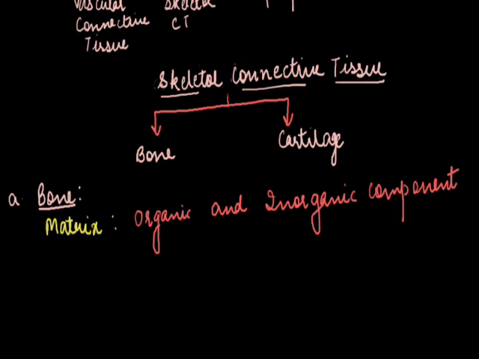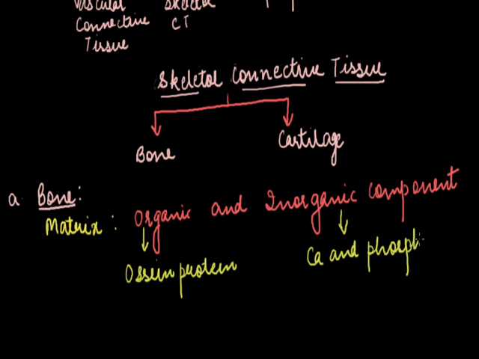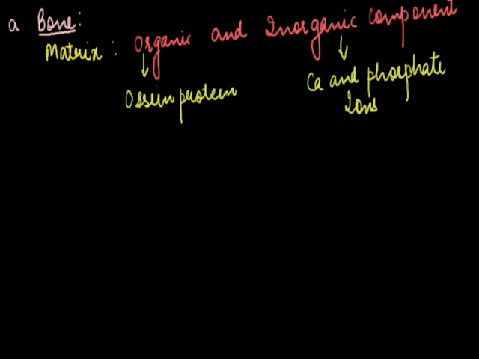The organic component of the bone is made up of protein, called ossein protein, whereas the inorganic component is made up of calcium and phosphate ions. It is the calcium and the phosphate which makes the bone rigid.